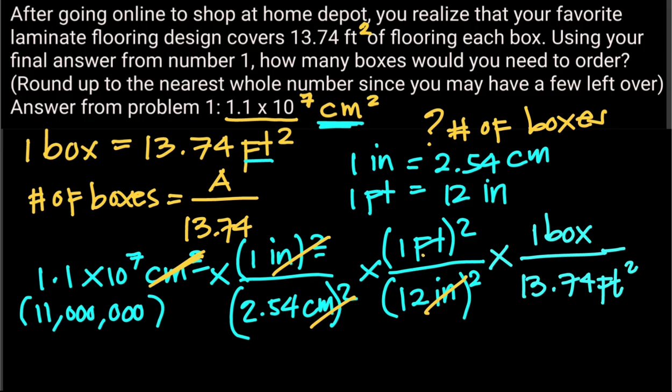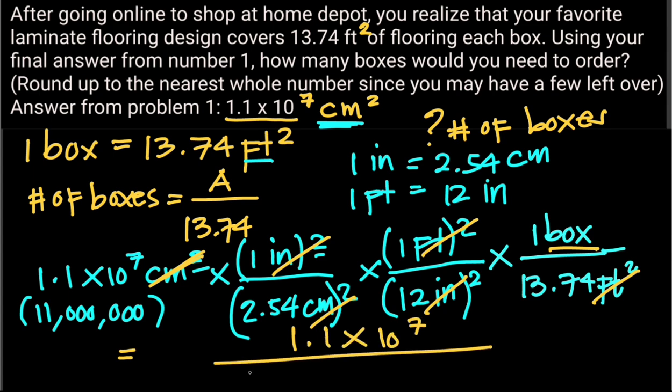So the square feet unit here cancels out now. Then we're left with the number of boxes. Okay, we can now perform the operation. So this is just 1.1 times 10 to the 7th over 2.54 squared times 12 squared times 13.74.